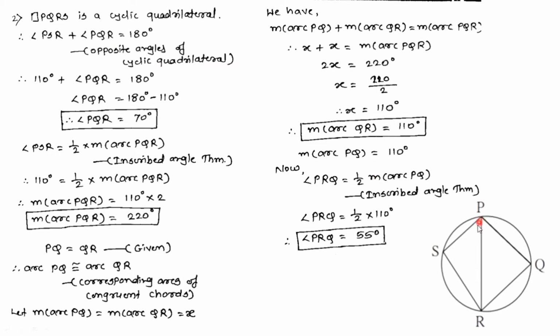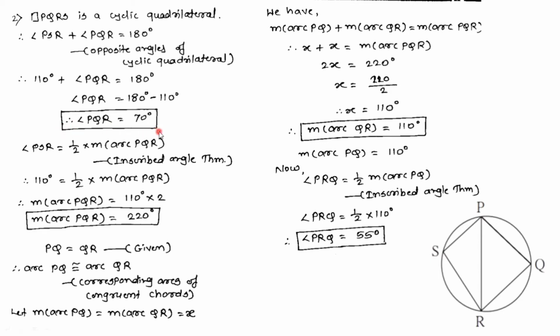In the diagram, we have angle PSR and angle PQR, so the sum of their measure is 180 degree. Now the measure of angle PSR is given, it's 110, plus angle PQR is equal to 180. If we take 110 to the right hand side, we get 180 minus 110. That is, angle PQR is 70 degree.